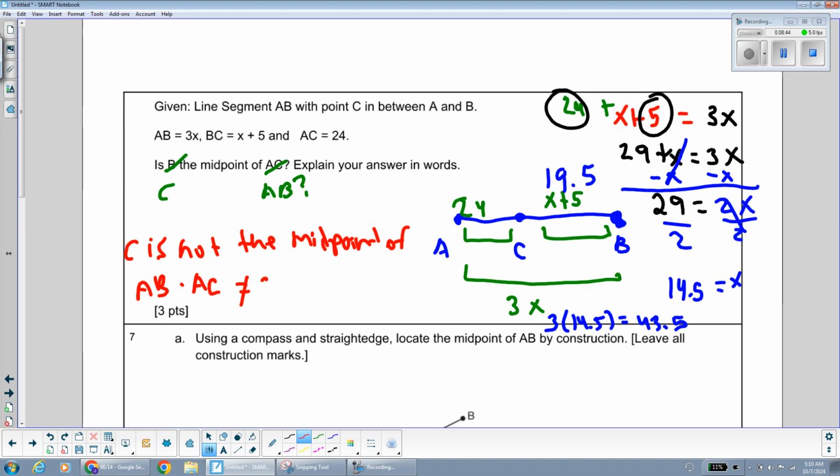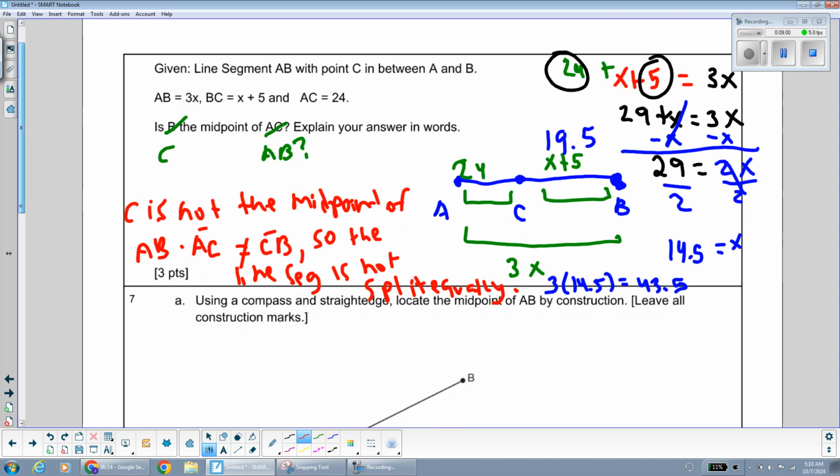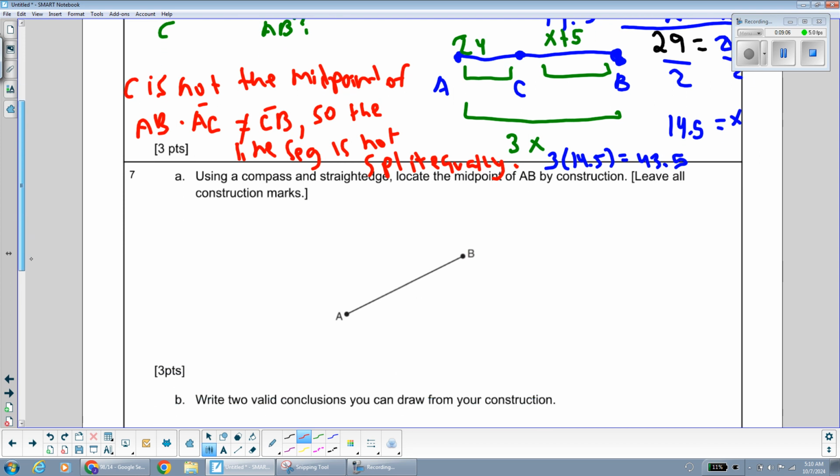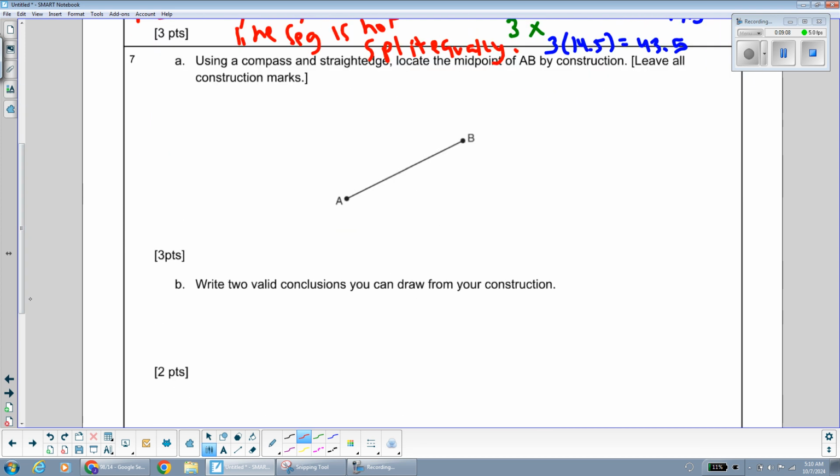AC is not equal to CB. So the line segment is not split equally. When you do have an explanation question, you do have to explain in words. Your work can be there to back it up, but you do have to explain in words.